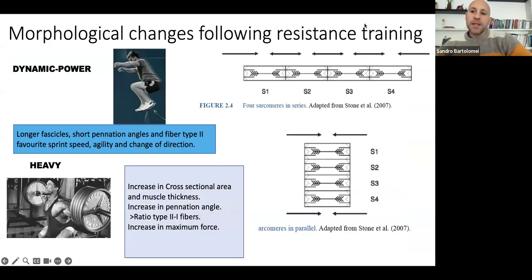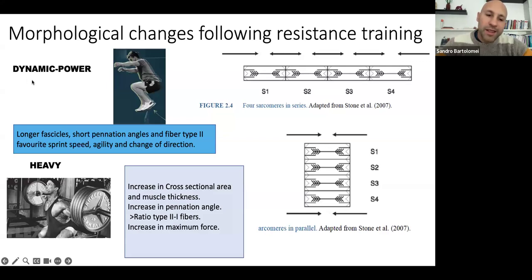Okay, so based upon the kind of resistance exercise that we perform, we may obtain different morphological adaptations, and this discovery is quite new, and only very recent books are starting to discuss the possibility to obtain different morphological adaptations with different strength training.